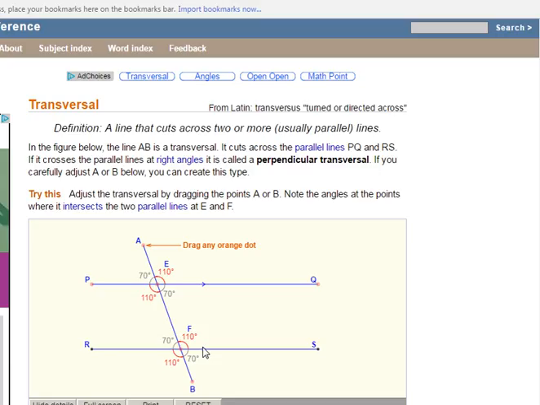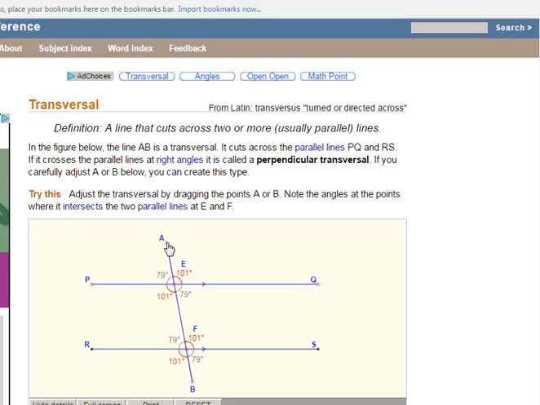We see 8 angles in total. 4 of them are acute angles with 70 degrees of a measurement, and 4 of them are obtuse angles with a measurement of 110 degrees. And as you can very clearly see, all the acute angles have the same measurement, and so do all the obtuse angles. Well, let's move this around a little bit and see what happens.